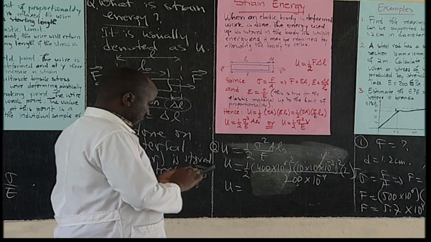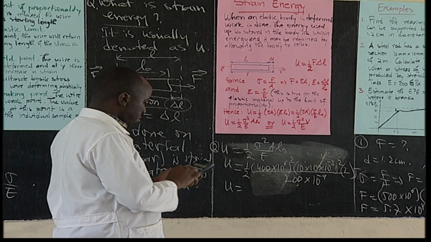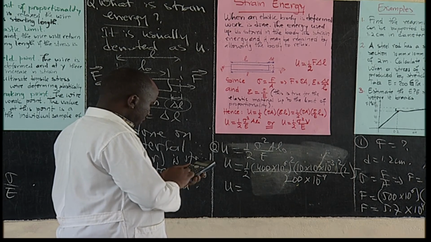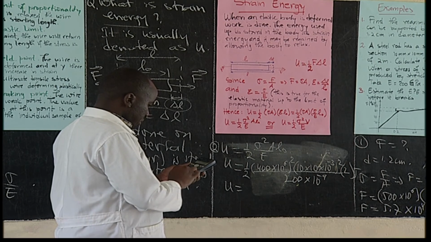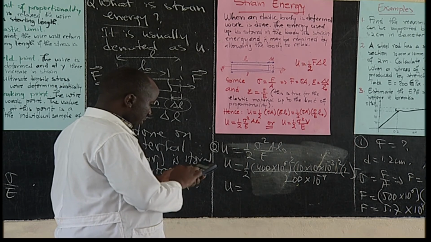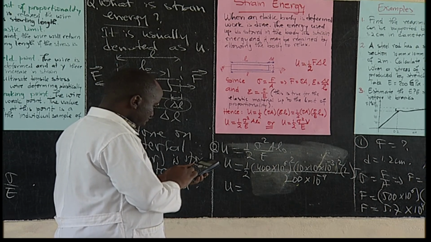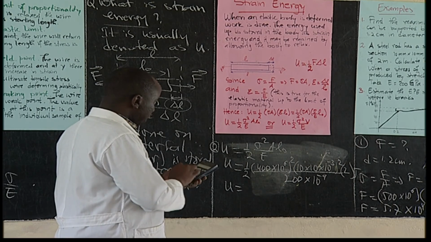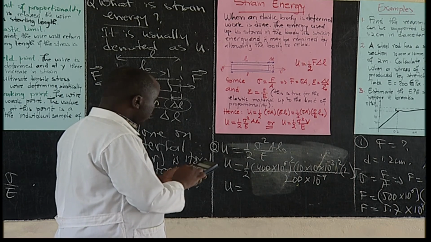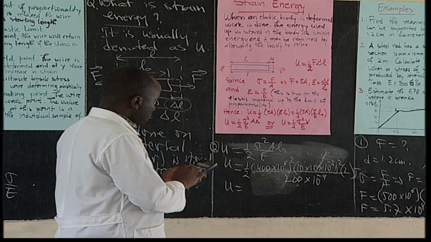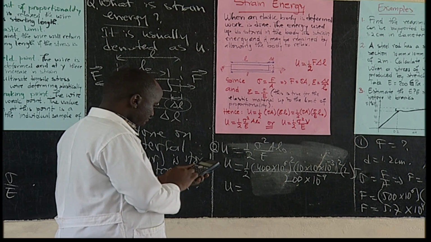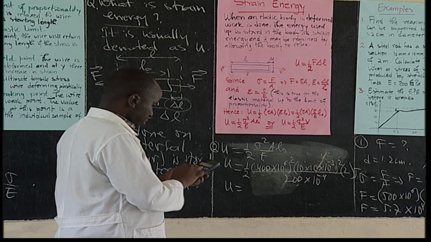This is going to be 0.5 times 4 times 10 to the power 6, squared, times 100 times 10 to the power negative 6, all of that also squared, and then multiplying by 2, and then we divide by 200 times 10 to the power negative 9.